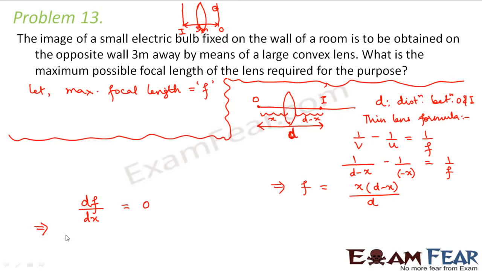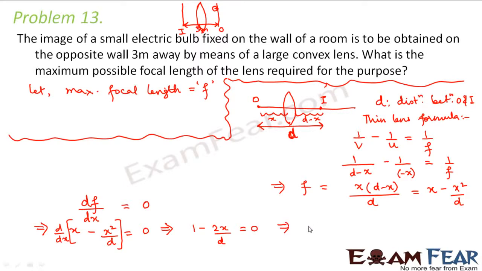So df by dx comes out to be, because f is nothing but x minus x square by D, d by dx of this comes out to be 1 minus 2x by D is equal to 0.